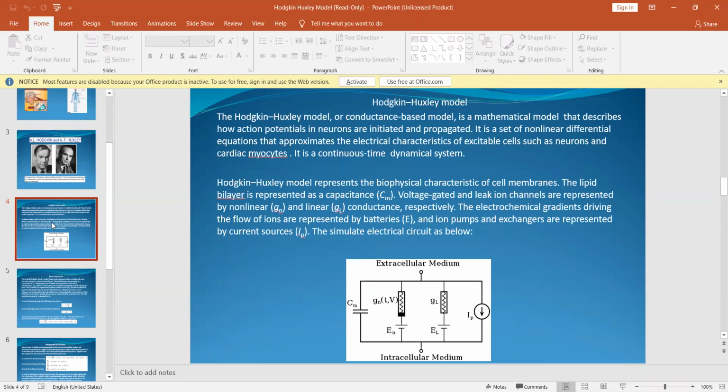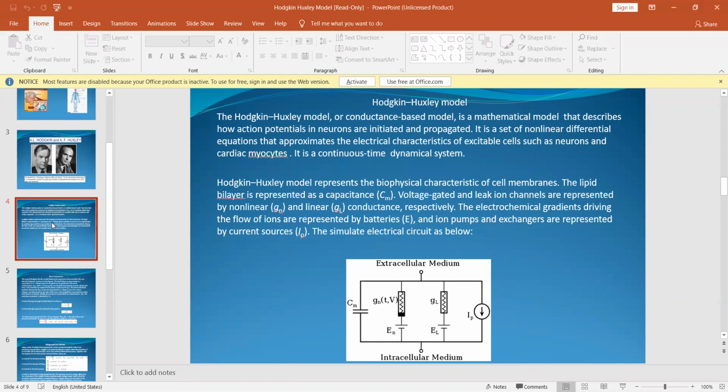It is a set of nonlinear differential equations that approximate the electrical characteristics of excitable cells such as neurons and cardiac myocytes.